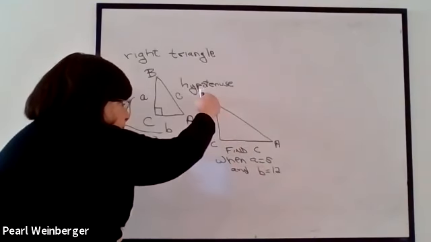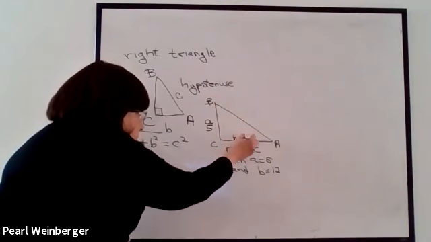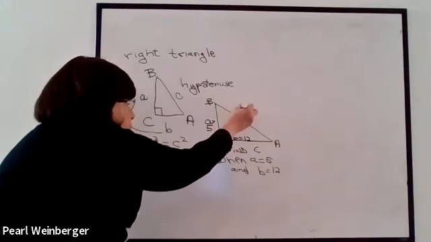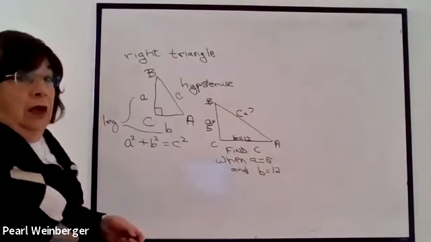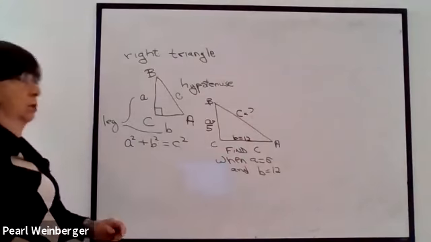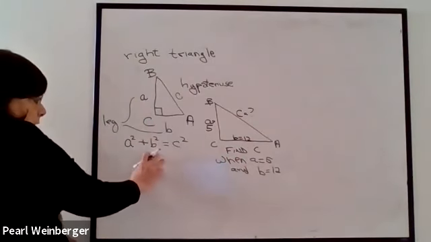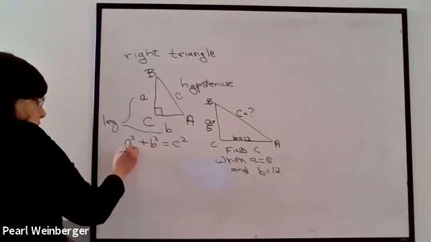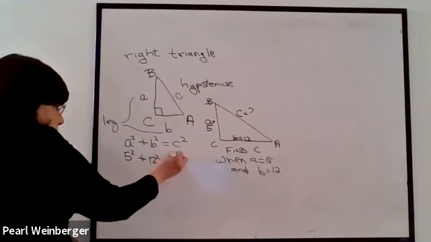So if I look at my diagram, this is my capital B, so this is my small b, which is 12. And we want to figure out what C is, which happens to be our hypotenuse. So again, I'm going to use this formula, a squared plus b squared equals c squared. So I'll do 5 squared plus 12 squared equals c squared.